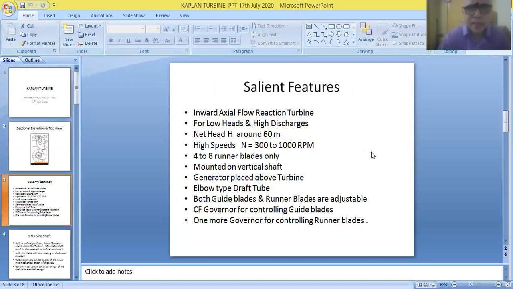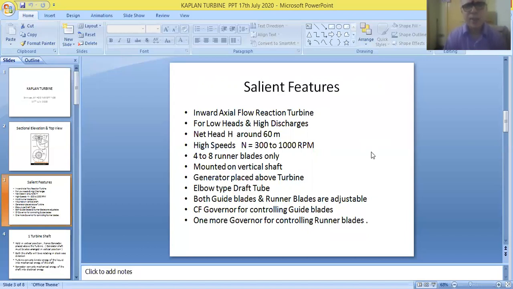So let us, friends, note down the salient features of a KAPLAN turbine. Water is flowing from the outer diameter to the inner diameter of the runner, so it's called an inward flow turbine, and water will be entering and leaving the runner in axial direction.